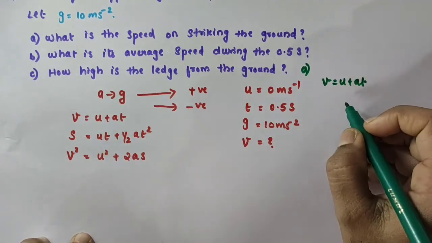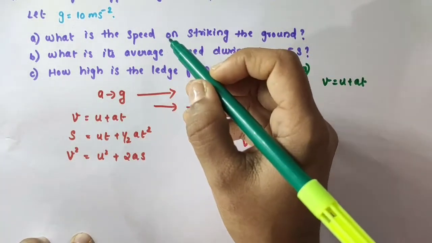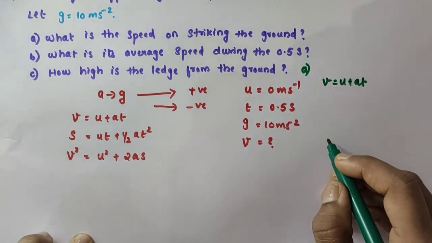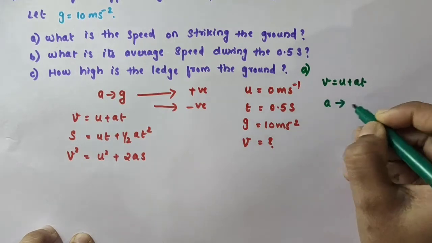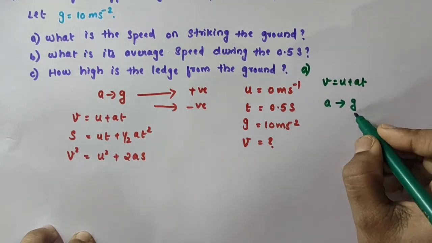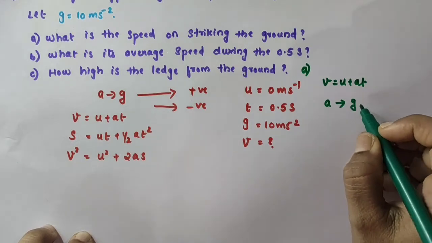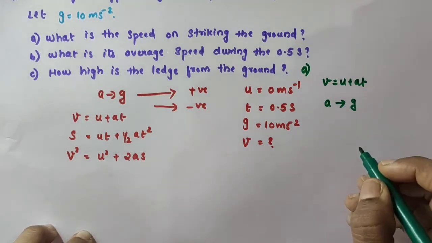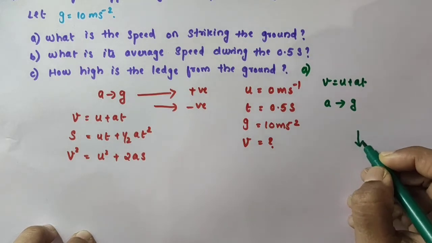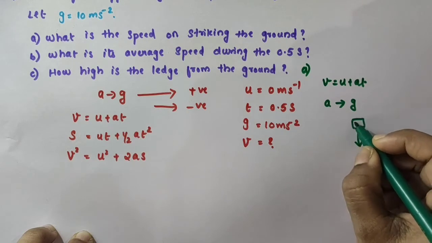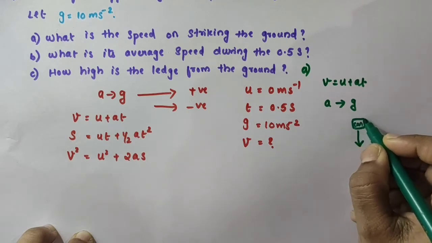In our question, the car is falling under the influence of the gravitational force of the earth. So, acceleration a can be replaced by acceleration due to gravity g. But is it plus g or minus g? Let us see. Acceleration due to gravity is always directed downwards, that is, towards the center of the earth.